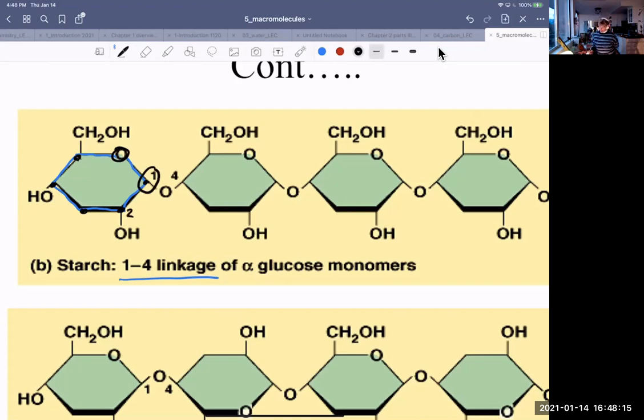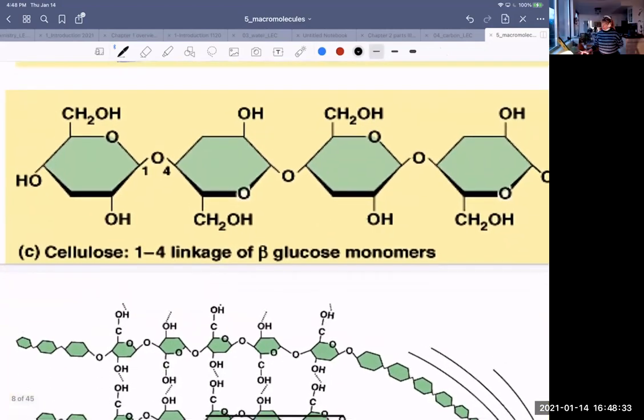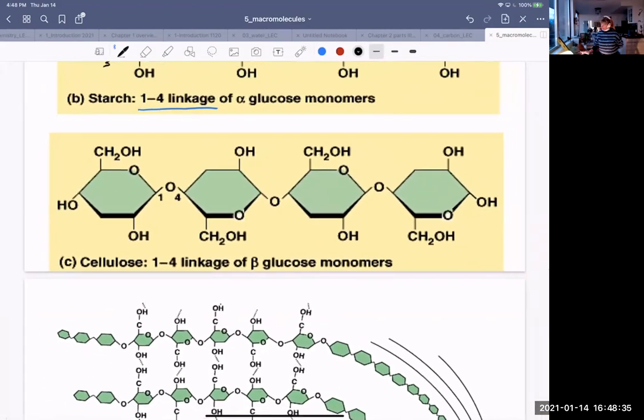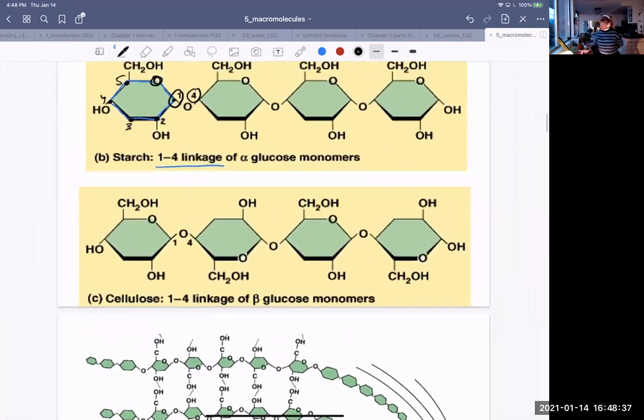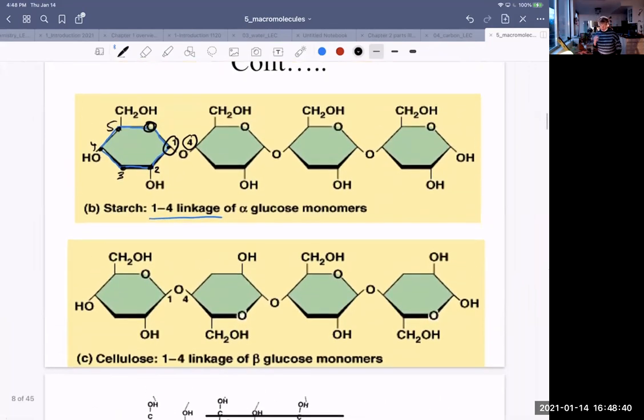So that's 1, 2, 3, 4, 5. So it's the 1 linkage to the 4. Excellent. Cellulose is a 1,4 linkage, but of beta glucose monomers. So you notice that the difference is the placement of the oxygen.